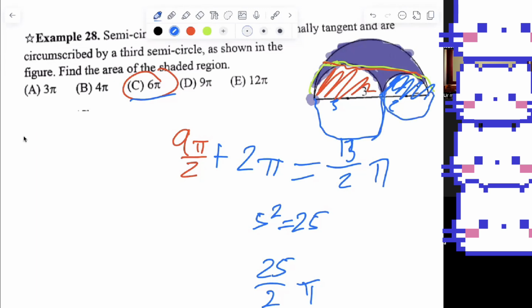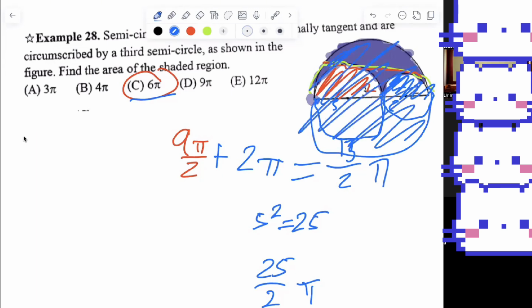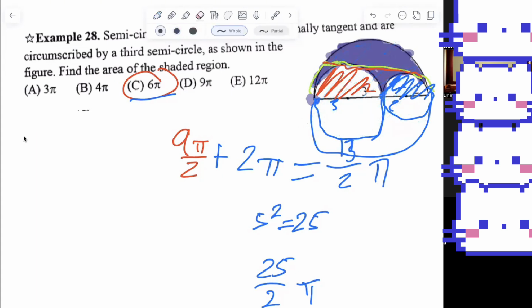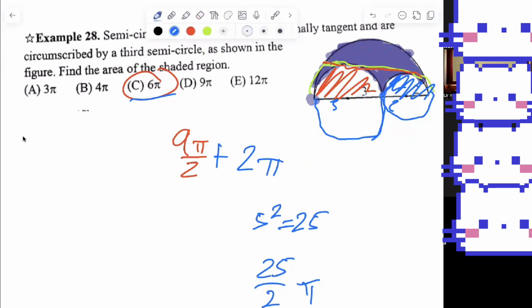And then, following a similar approach, we just find the area of the biggest circle, this circle, and subtract this region, the areas of this region right over here, from the entire region that envelopes everything, and then divide by 2 because there's 2 of these, one over here and one over here. It still gives you 6 pi.